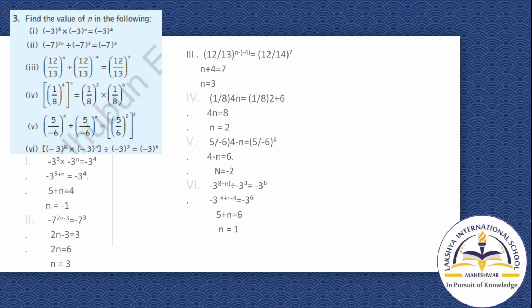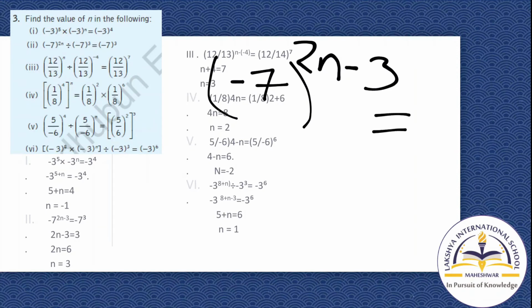Now question number 2. (-7) raised to the power 2n divided by (-7) raised to the power 3. There is a division sign, so the powers will get subtracted, meaning 2n minus 3 equals 3, since (-7) raised to the power 3.